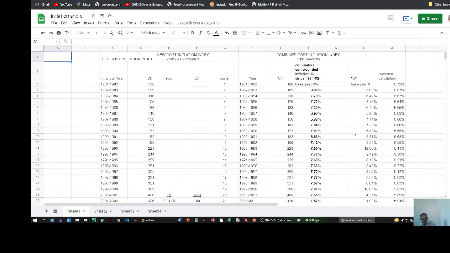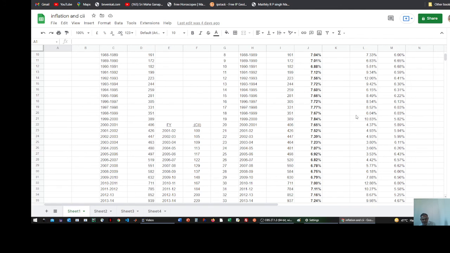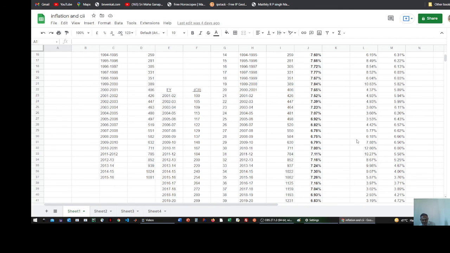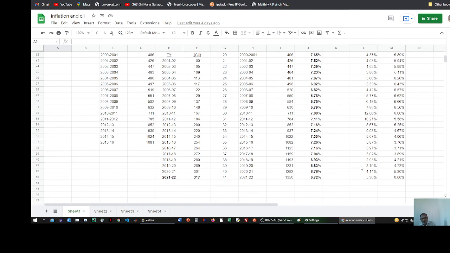The inflation figures on a year-to-year basis were of the order of 10%, 12%, etc. earlier. Now, for the last 5 years, it is less than this, 6% on a year-to-year basis. But the cumulative figure for the 40 years is 6.72%, even as per the government figure.